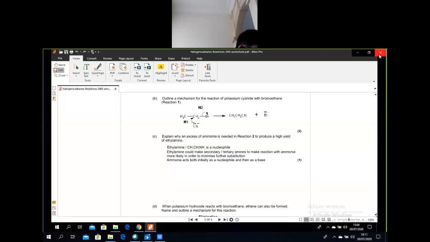It is in order to minimize the further substitution. Further substitution, what does it mean? It becomes a salt. And also ammonia has a lone pair. Because of the presence of the lone pair in ammonia, ammonia can act as a nucleophile and also as a base.